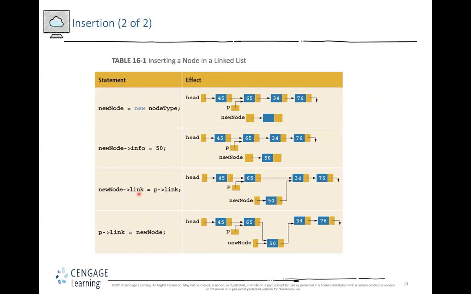We're going to assign the link of new node to point to the node with the info 34. And what's the address of this node? You can get that from P arrow link. Then the P arrow link now needs to point to this new node. So it's assigned with this new node, which is a pointer. Then they point to the same object. So now you see this new list with the insertion of a new item.